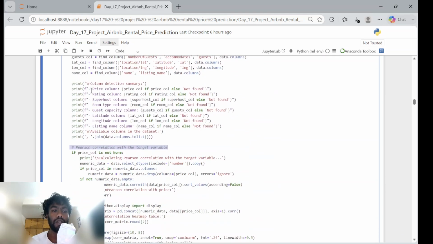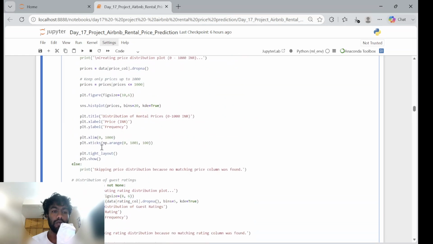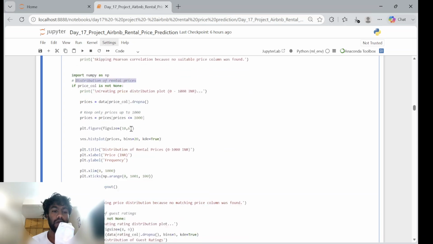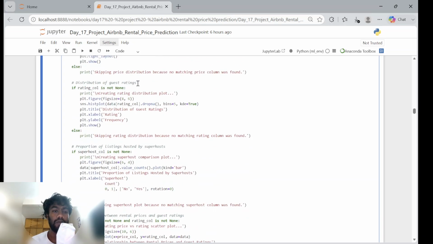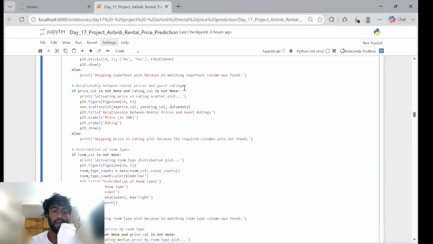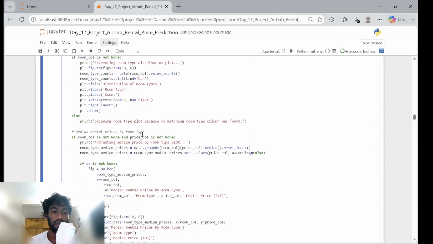And also certain column names that we are going to assume, and we are going to plot charts with the same. This is with distribution of rental price, distribution with respect to guest rating and price, proportion of listings hosted by superhost and how the price is affected, rental price and guest rating, how that looks, and room types and how they affect price. Rental prices by room type.